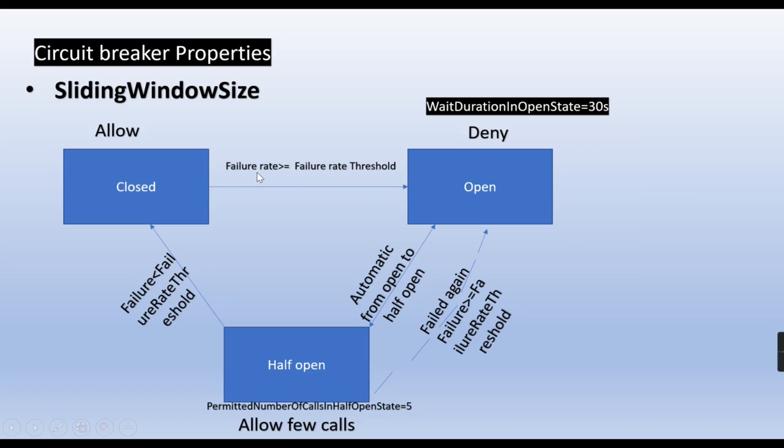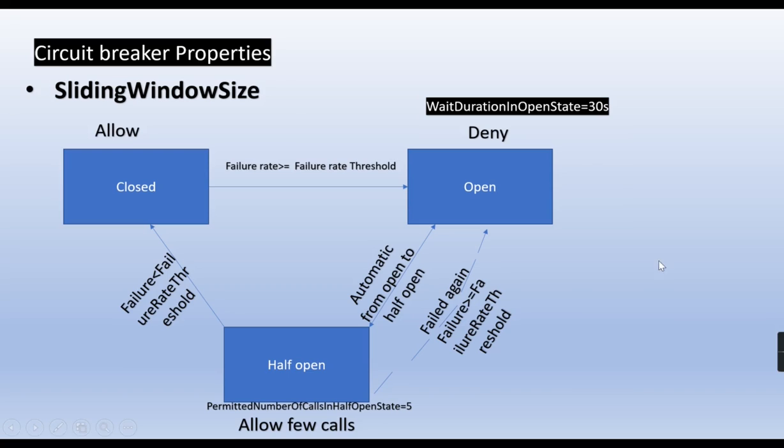That means the failure rate is greater than or equal to the failure rate threshold, 60 or 61. So automatically the status would go from closed to open status.